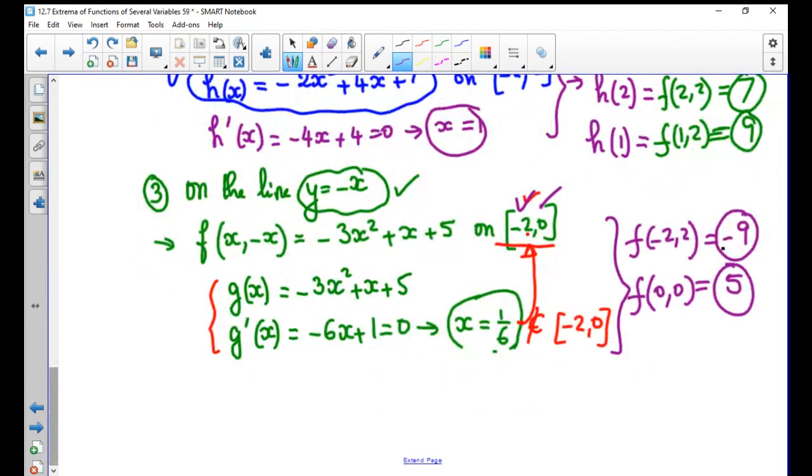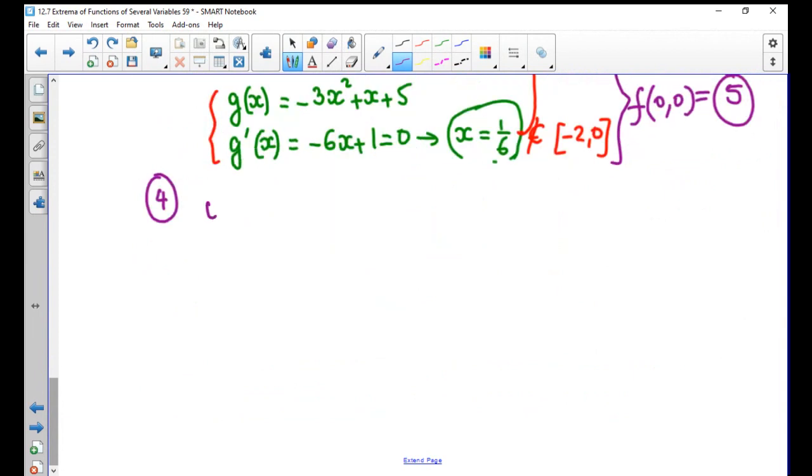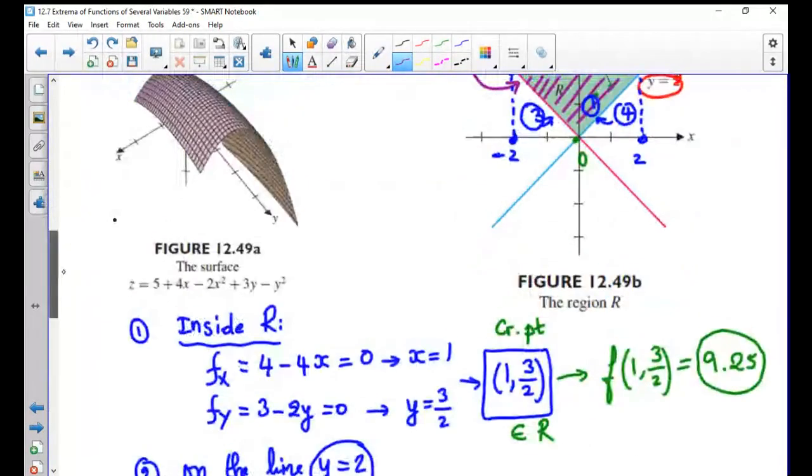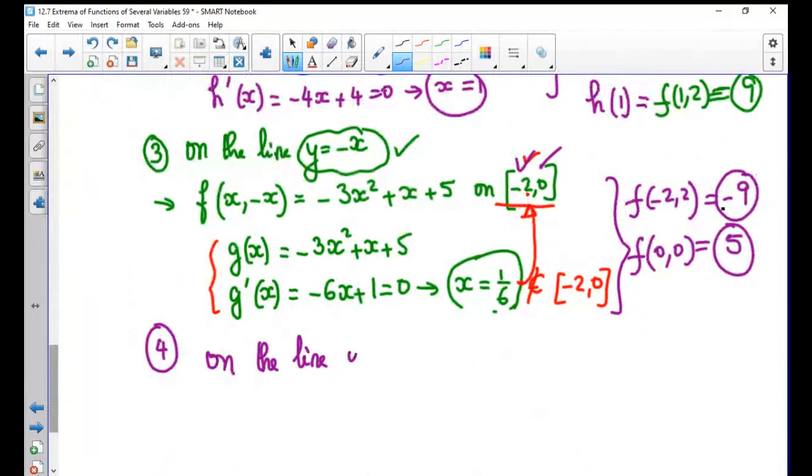Now, finally, I want to complete this by looking at the line. On the line now, what is left of the boundary? 1, 2, 3, 4. So we are left with the line y equal x. And on this line, the function f will be f of x, x.